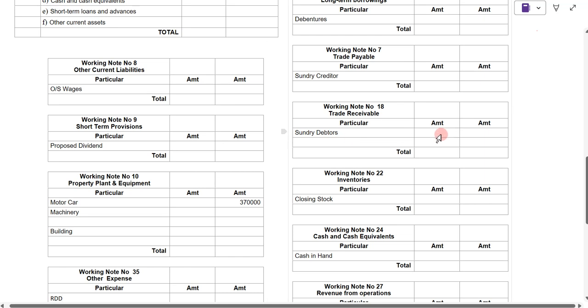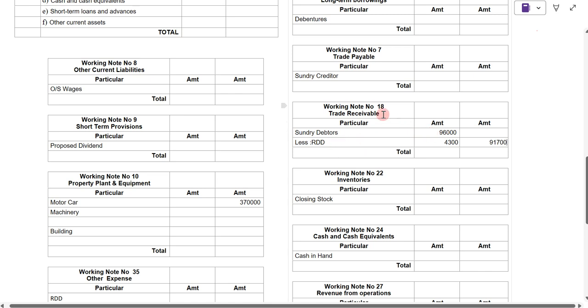In the inner column you will write sundry debtors value, that is 96,000, less RDD, 4,300. Now from 96,000 less 4,300 we get 91,700.